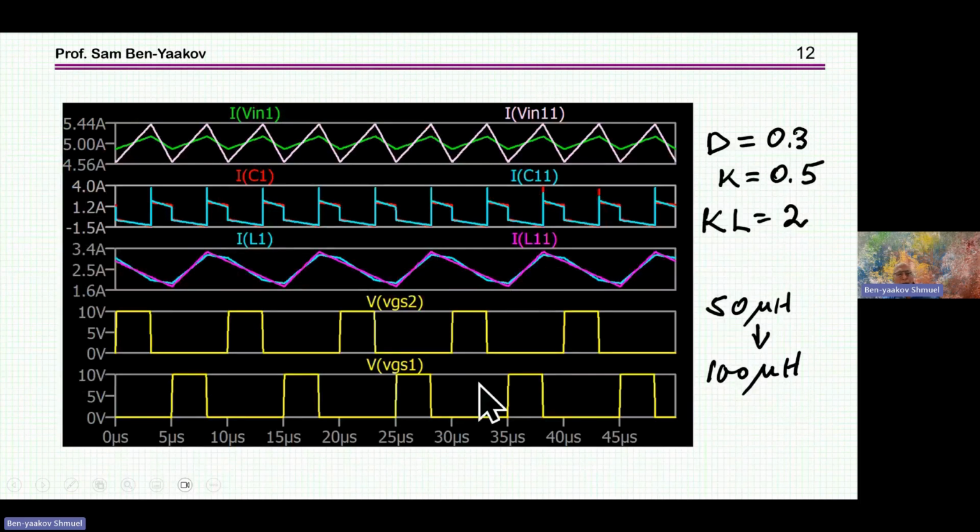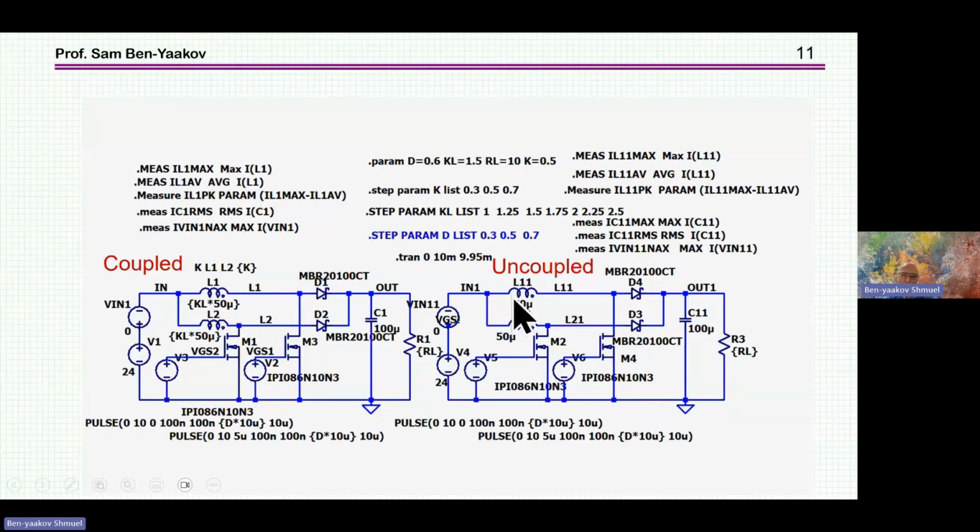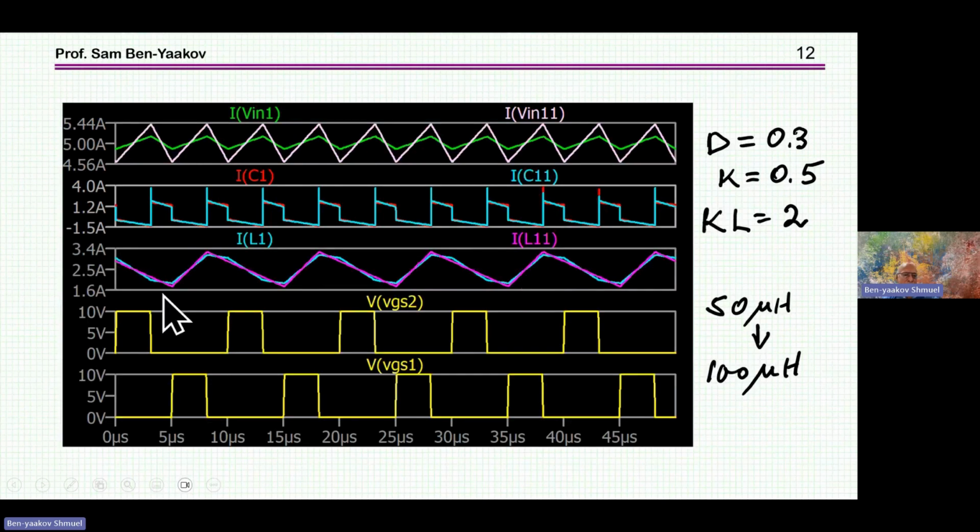And here is a run in which I've already tuned the two to have the same ripple in the inductor. So one is the coupled and one or eleven is the uncoupled. And here you see that the ripple is the same. This is for 0.3 duty cycle, coupling coefficient of 0.5.